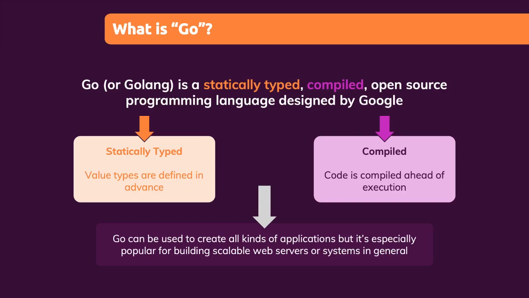So as you can tell, there are quite a lot of use cases and companies that are using Go, but why specifically did they choose Go? I mean, I did mention that Go is especially great for large-scale systems and web servers, but why is that the case?